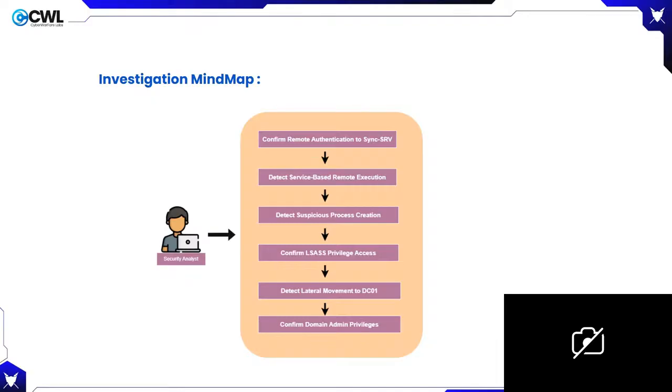Then we confirm that the attacker accessed LSASS, and then we detect the lateral movement from the member server to the domain controller. Finally, we confirm that the attacker has admin access and also has domain admin privileges.